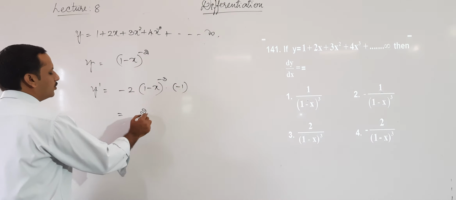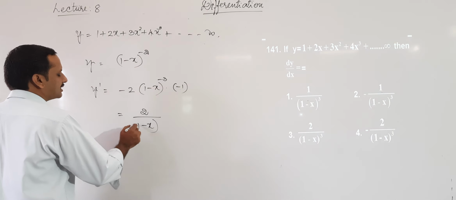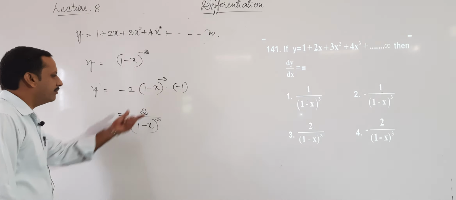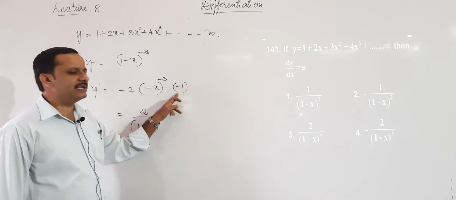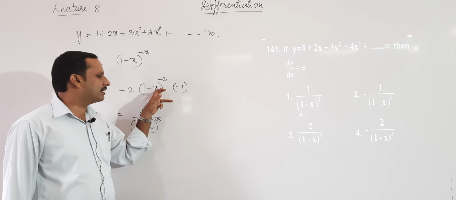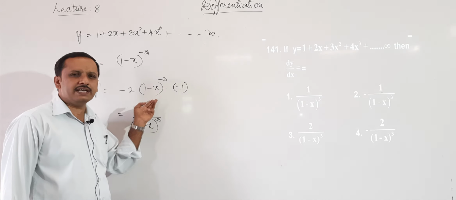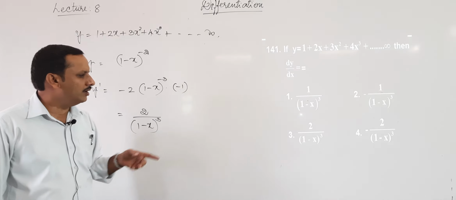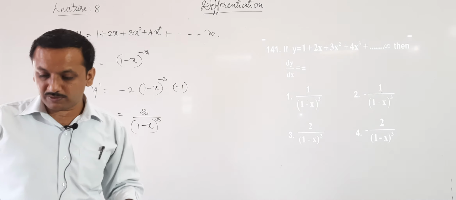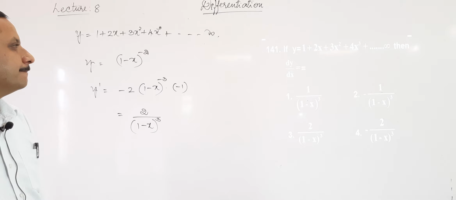So it will become 2 divided by (1 minus x) whole cube. I am bringing it to denominator. Minus 2 into minus 1, it will become plus 2, and here (1 minus x) whole power minus 3 is there. Take it to denominator, (1 minus x) whole cube. 2 by (1 minus x) whole cube, which is the third option.